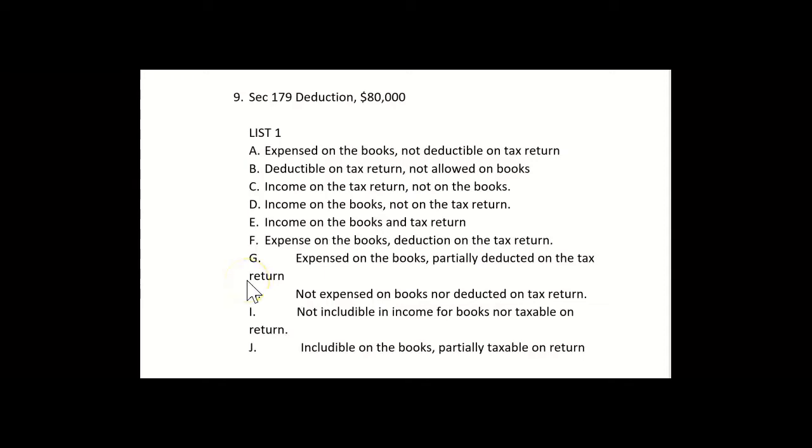And that accelerated depreciation method known as section 179 is only a tax deduction, so it was not available as a book expense. Therefore, we're going to deduct this $80,000 on the tax return. It was not allowed on the books. So letter B is the correct answer.